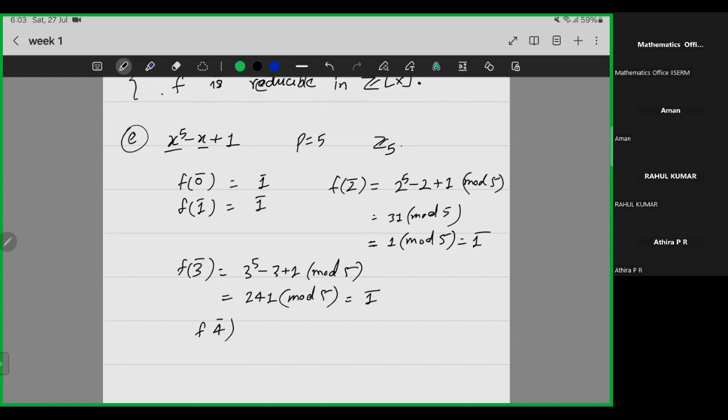f(4 bar), which is the last element of Z5, is 4^5 - 4 + 1. This is, if you see, nothing but 2^10 - 4 + 1. 2^10, if you remember what it is, I think this is 1024, right? And minus 4 plus 1, mod 5 everywhere.